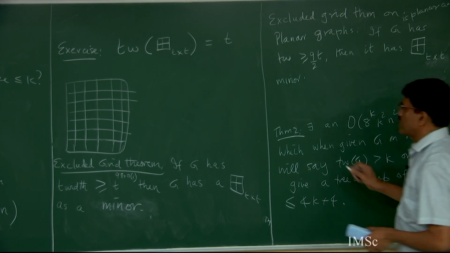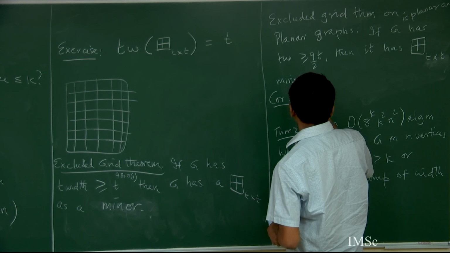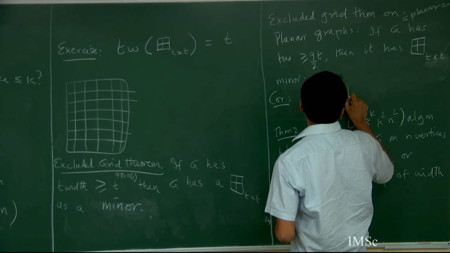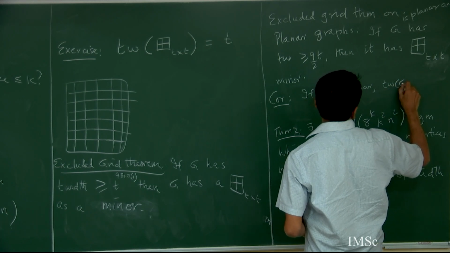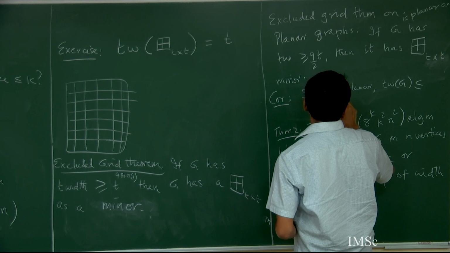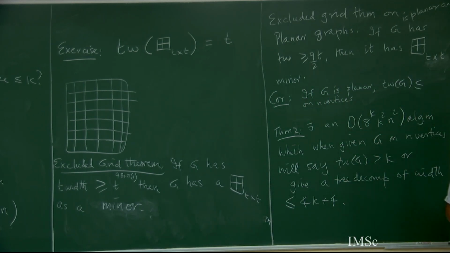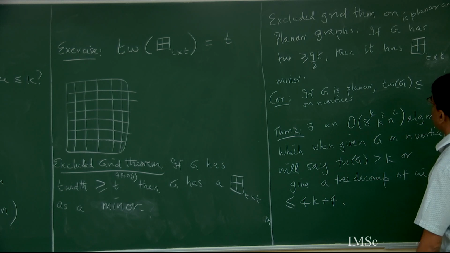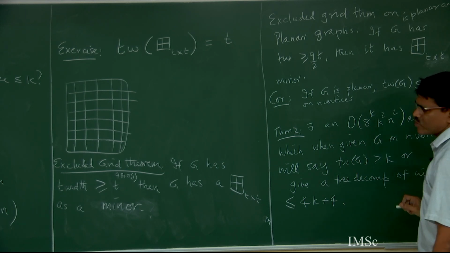One corollary of this is: G is planar, on n vertices. What is its treewidth? I claim it is some c times root n, order root n.